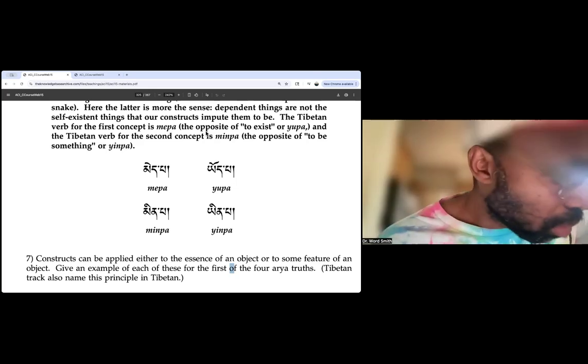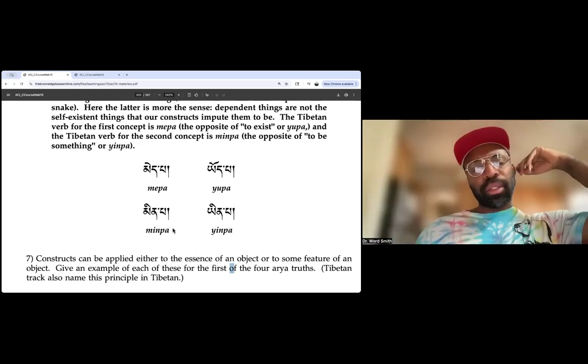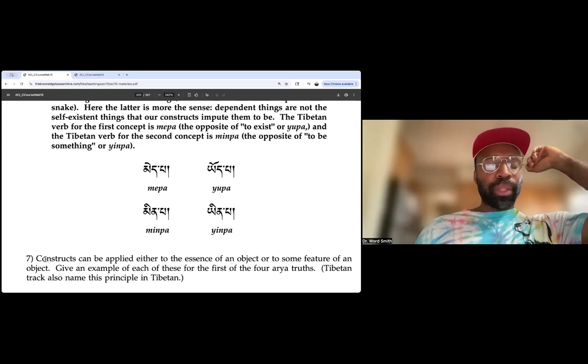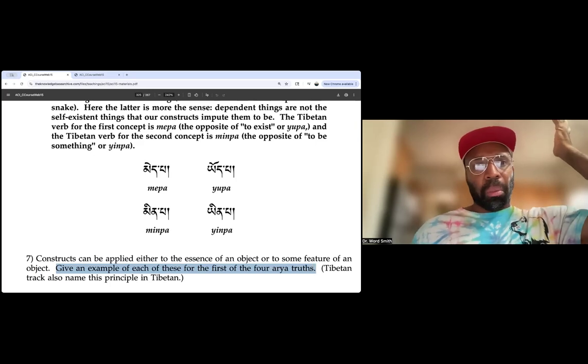Life is suffering. Thank you, Lynn. Correct. Yes. Life is suffering. This life in samsara specifically, right? So constructs can be applied either to the essence of an object or to some feature of an object. Give an example of each of these for the first of the four Arya truths.